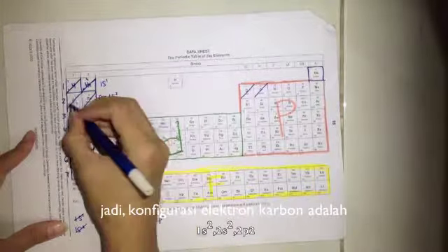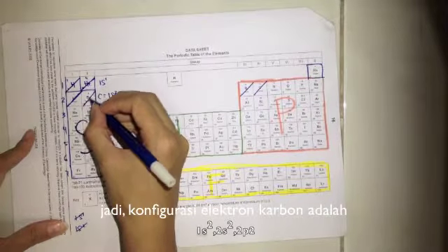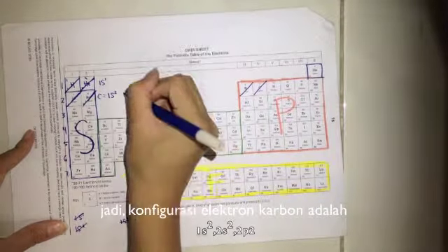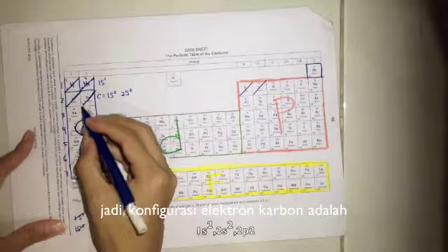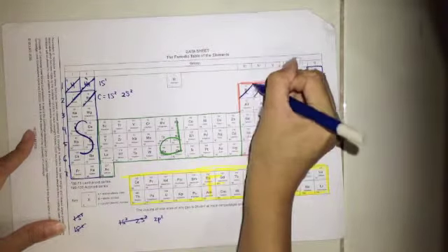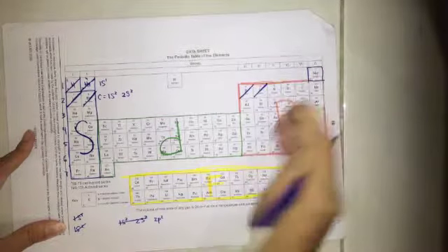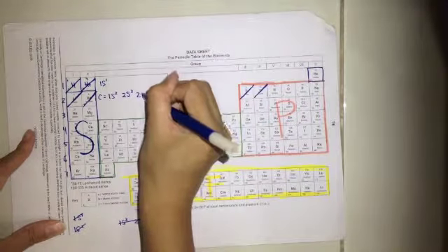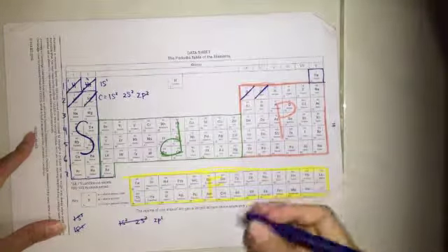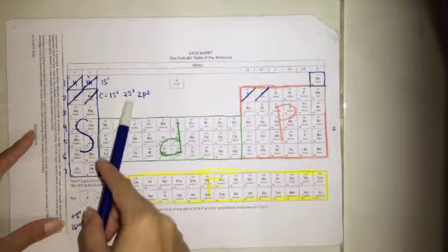Then you pass this 2 here, so it will give me 2s2. Then you move here to the p part, and you pass this, which is 2p2. So the total electronic configuration of carbon is 1s2, 2s2, and 2p2.